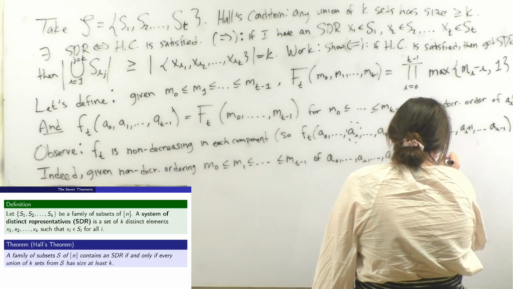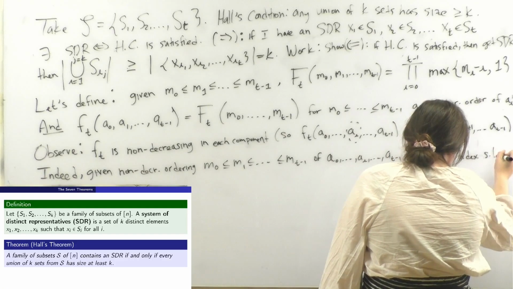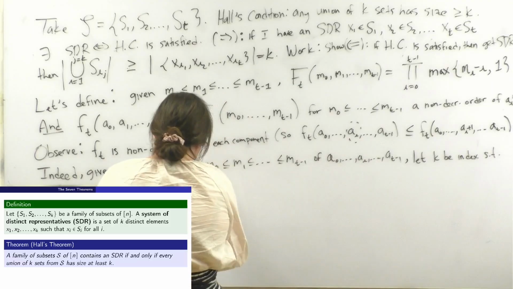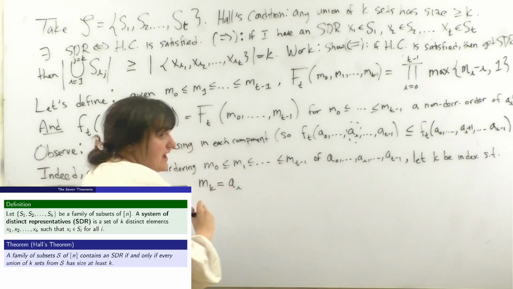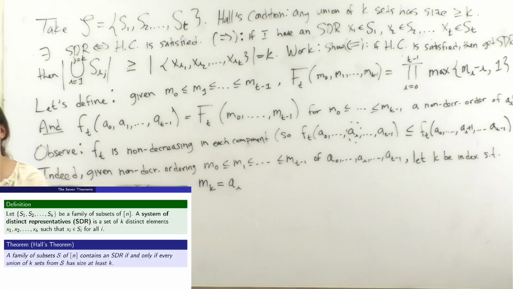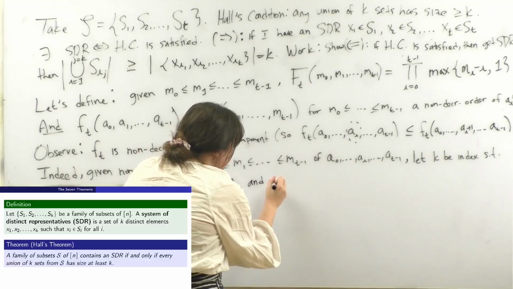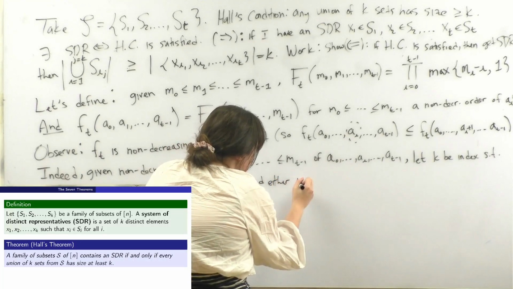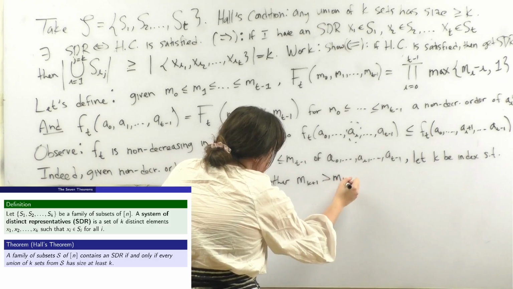So let k be an index such that m_k is equal to the a_i which I want to increase, and either m_{k+1} is strictly bigger than m_k.